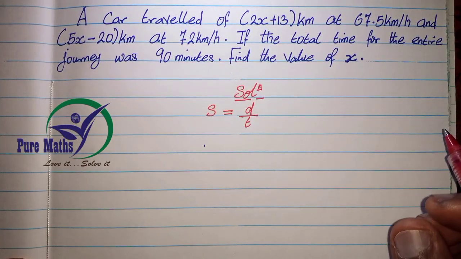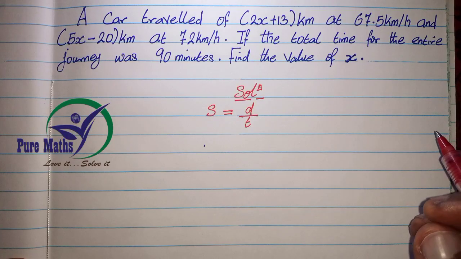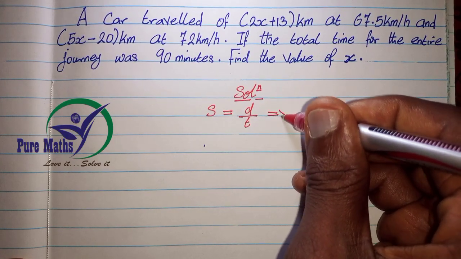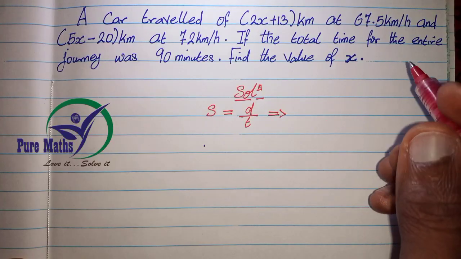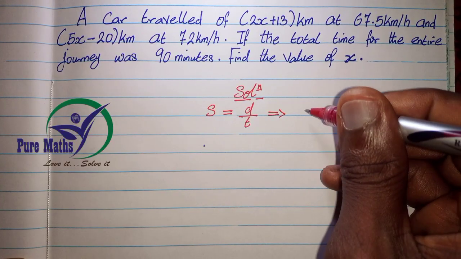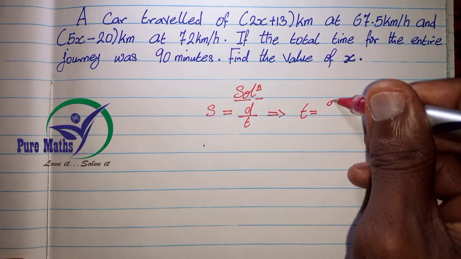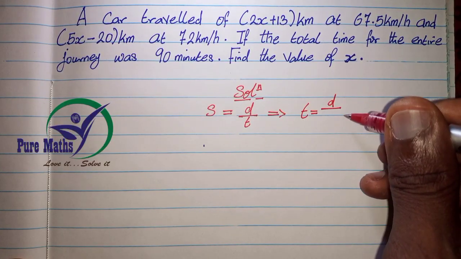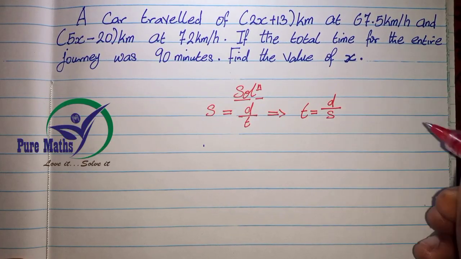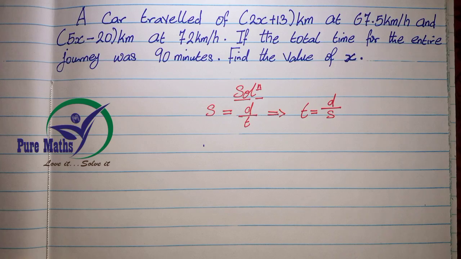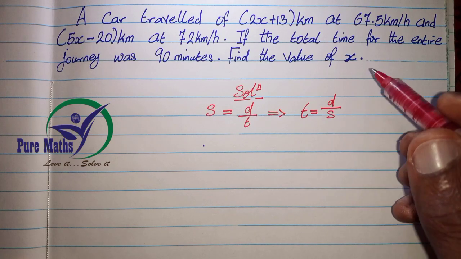If we decide to make time the subject of the formula, we'll have that time is equal to distance all over speed. So that is the formula for time here. Now, having gotten the knowledge of this, we are going to translate this into our work.